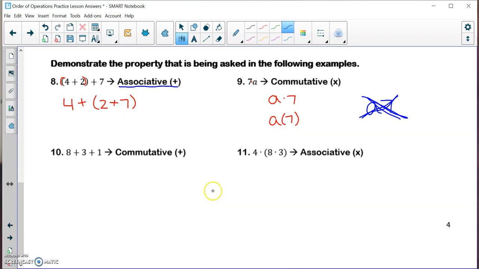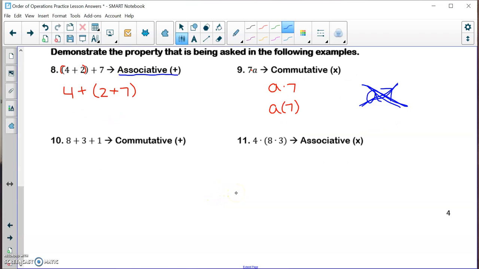All right. Moving on to number 10, we want to demonstrate the commutative property of addition. So there's many ways that we can do this because all we're doing is switching the order in commutative property. So maybe we want to switch the order of the 8 and the 1. So maybe we want to do a 1 plus a 3 plus an 8. That's one way that you could demonstrate this.